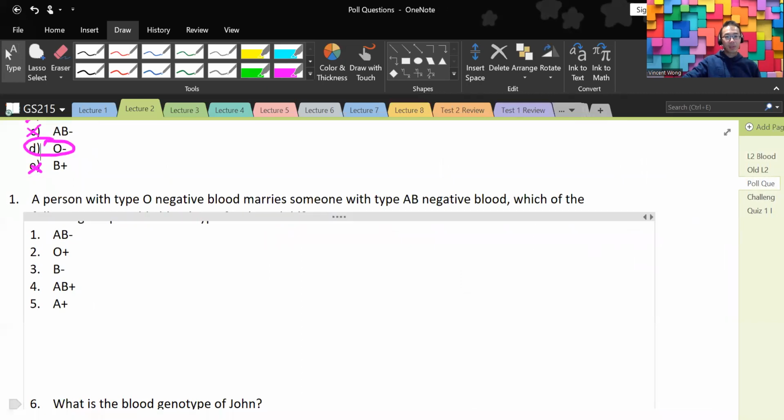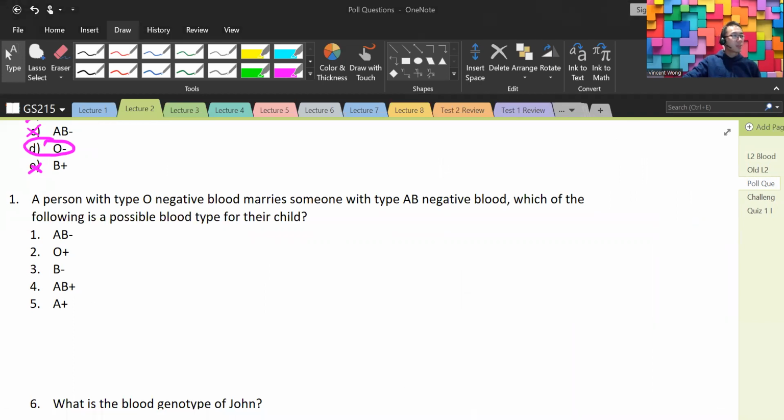Yes, let's do this one first. Which of the following is possible? Seems like it's singular here. I am going to launch the poll. Okay, go ahead. So just choose one answer. It's only one.